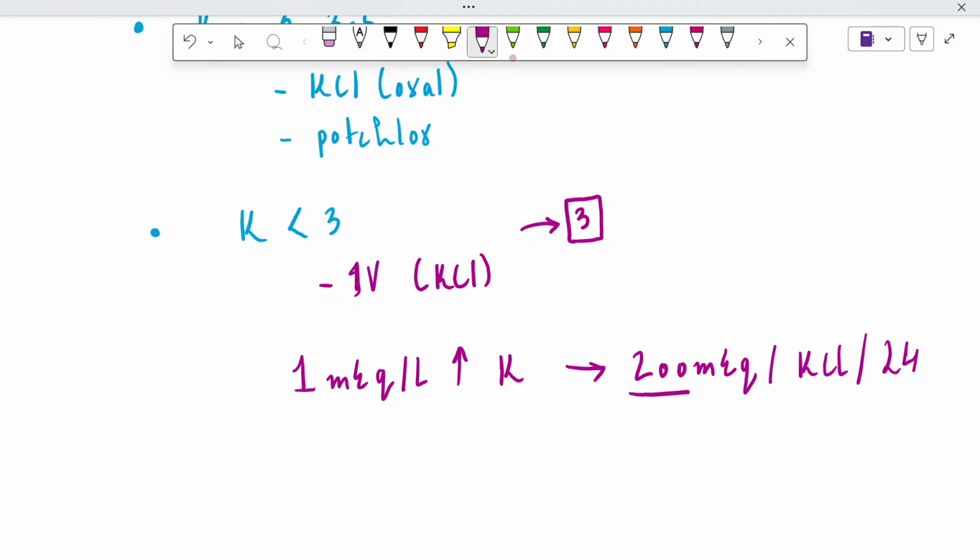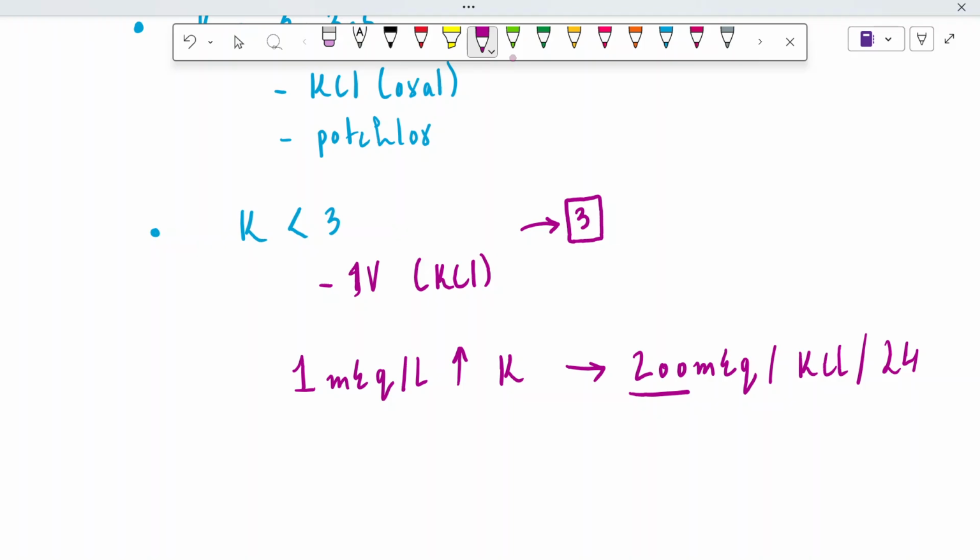Last is a numerical question. For example, if a patient is on amphotericin B, which is also very notorious for causing potassium shift into the cell.